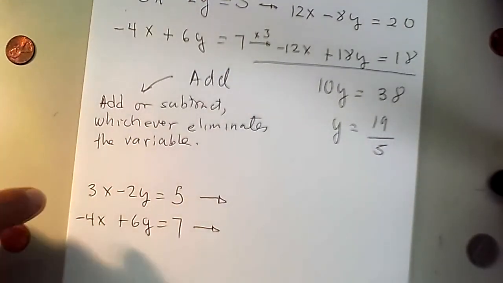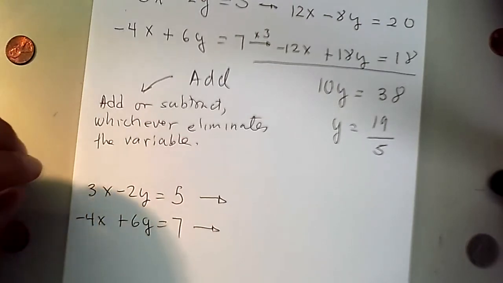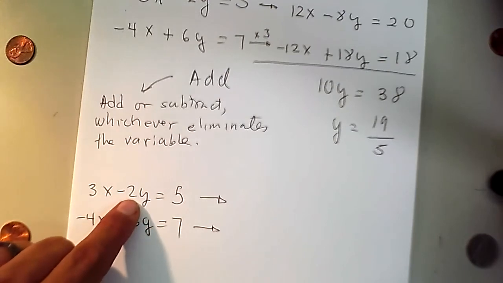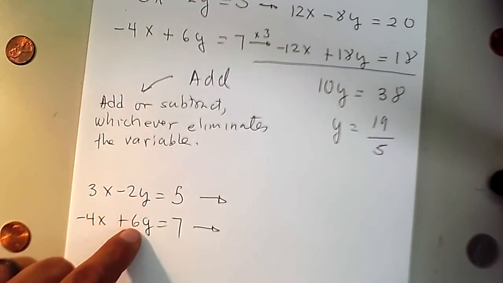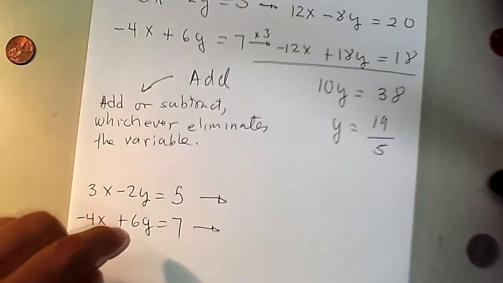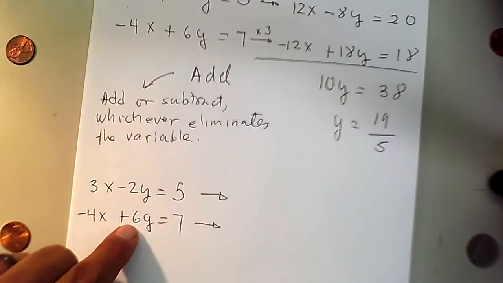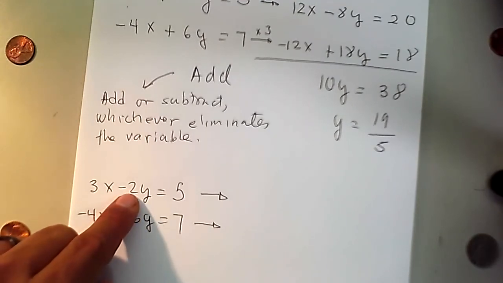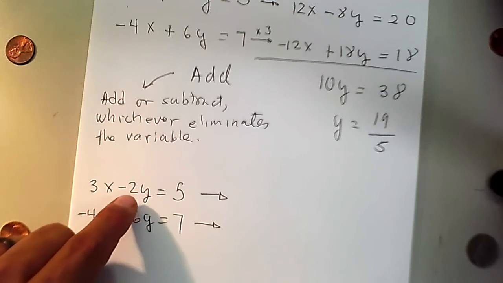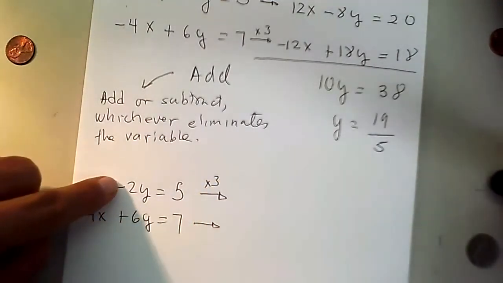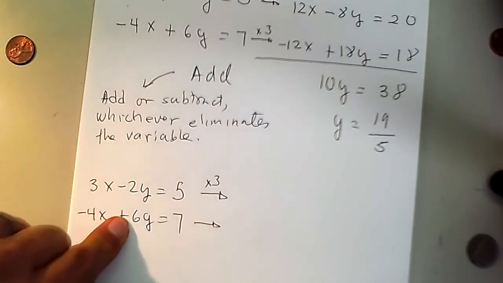however, we can be a little more efficient. You know, this one has a 2, and this one already has a 2, correct? The 2 is embedded into the 6. 2 times 3 is 6. So there's a 2 already here. What I could multiply by this guy is 3, and that will create a 6 here, which will match the 6.